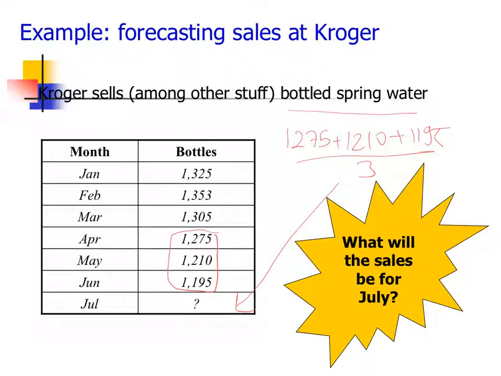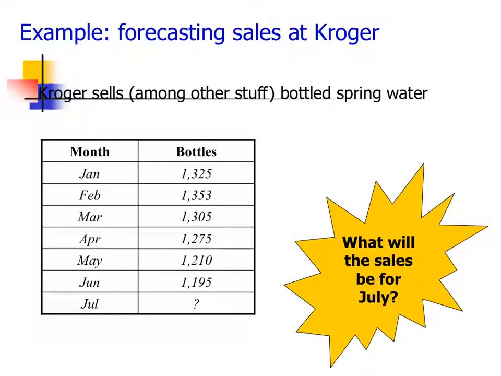If I want to use moving average 5, then I'm going to use the most recent 5 periods. It's going to start with February, March, April, May, June.